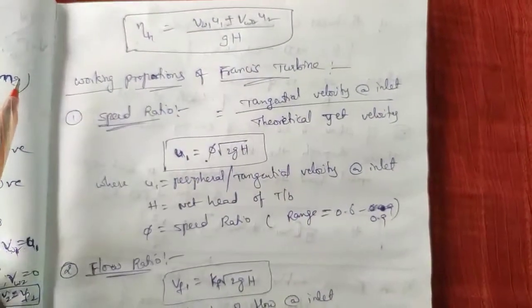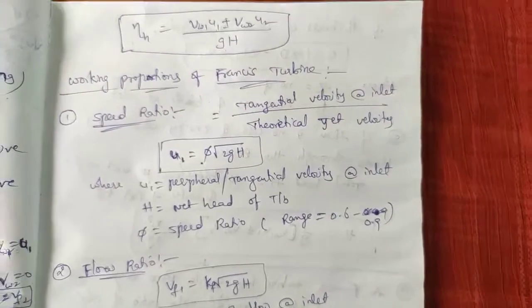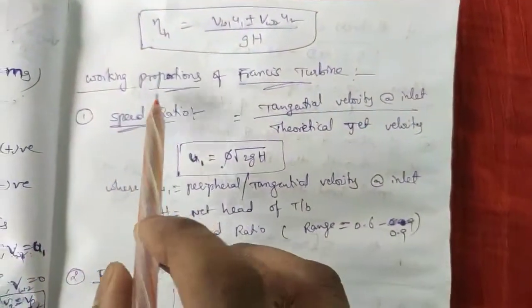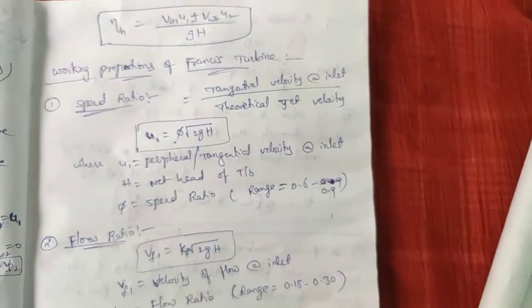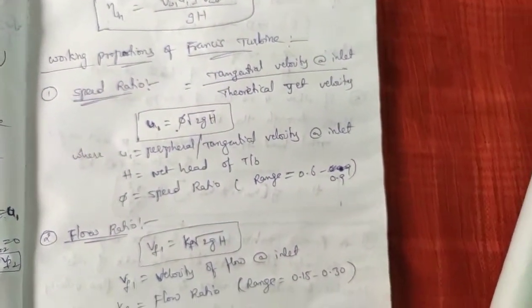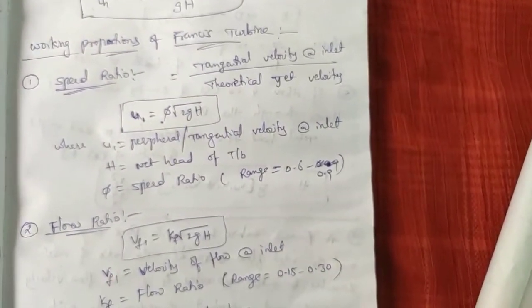In the Pelton wheel we saw the design parameters of Pelton wheel. In the same way, here we see the working proportions or design parameters.